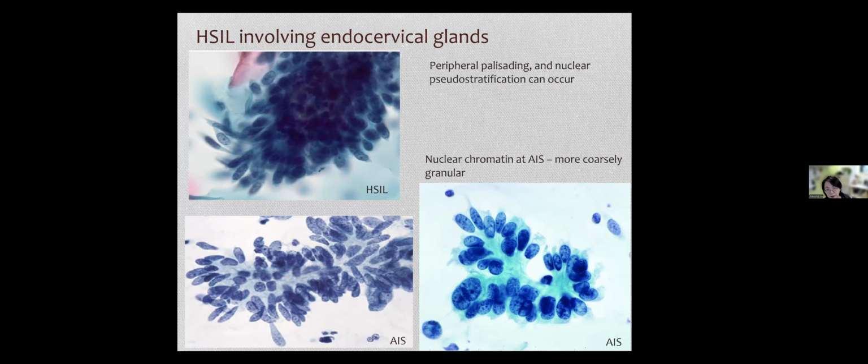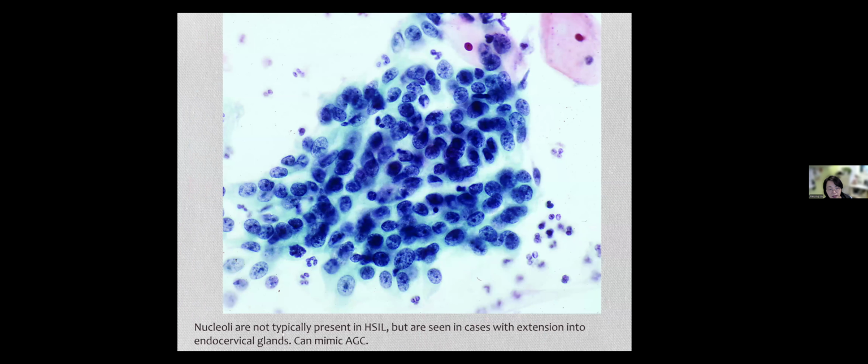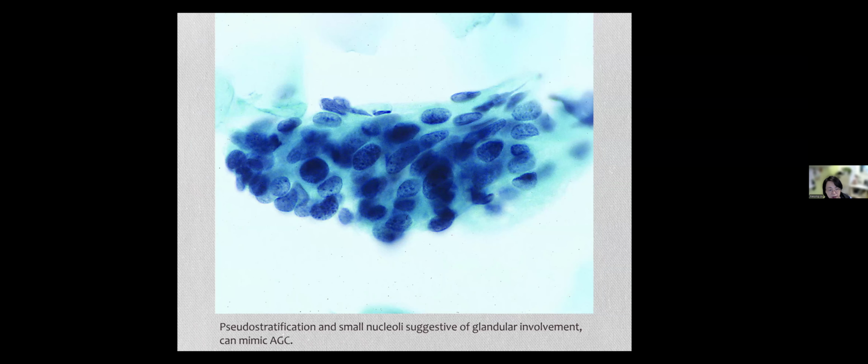That will help you. And this again is HSIL as a hyperchromatic group, but it can mimic AGC. And this again is pseudostratification, and the small nuclei suggest glandular involvement.